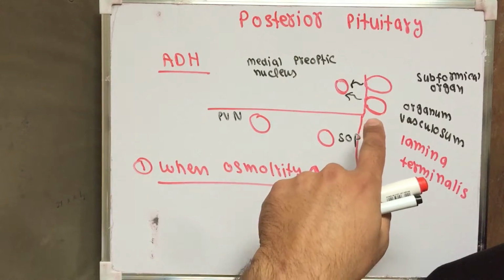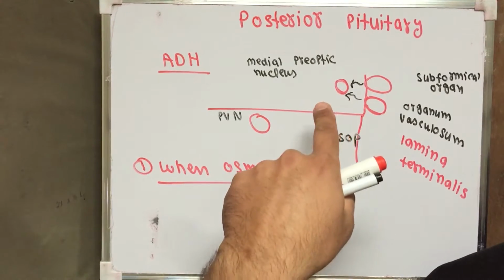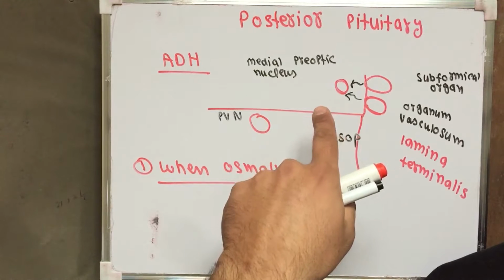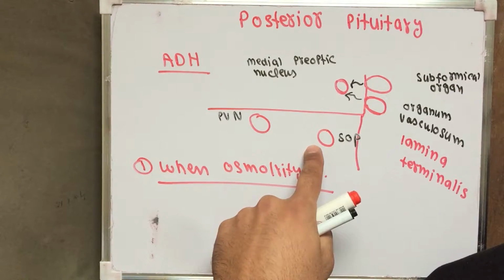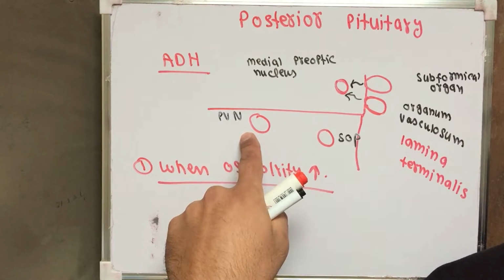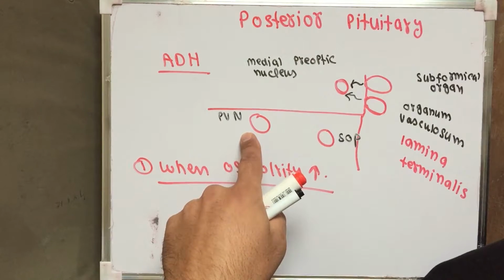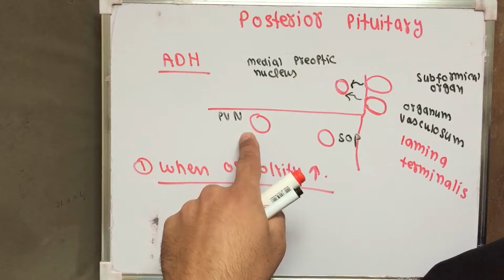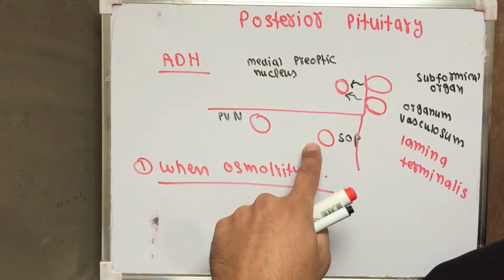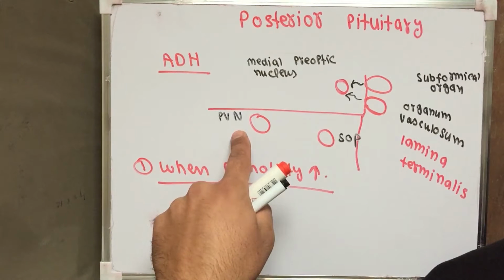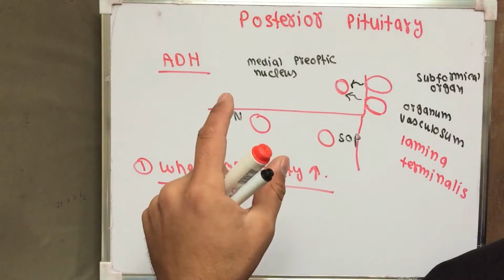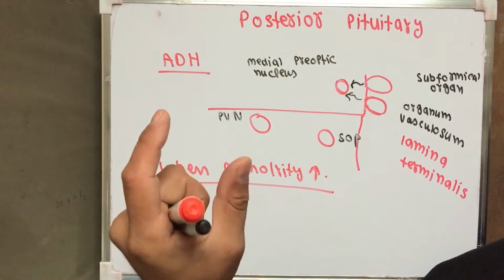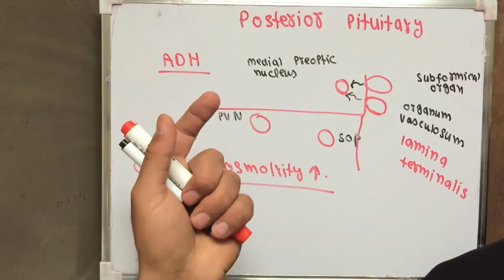These cells give information to the medial preoptic nucleus, which activates the supraoptic nucleus here, as well as the paraventricular nucleus, which we also know produce ADH: 90% by this, 10% by this. Now, these nuclei then send action potentials to the posterior pituitary.